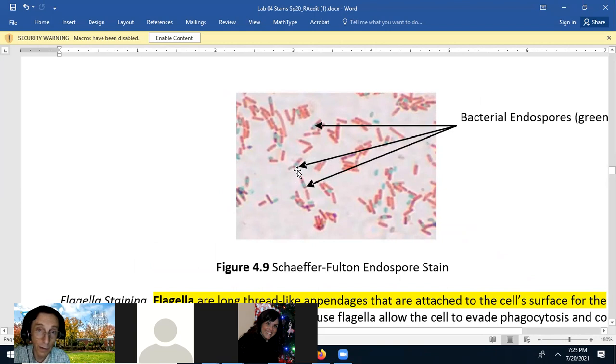The same with that one. What's happening is the red cell is making the endospore, and the endospore is being formed inside the parent cell. That's why it's called an endospore. Any question about that? Anyways, endospores stain greenish, and the vegetative cell or the parent cell stains red.